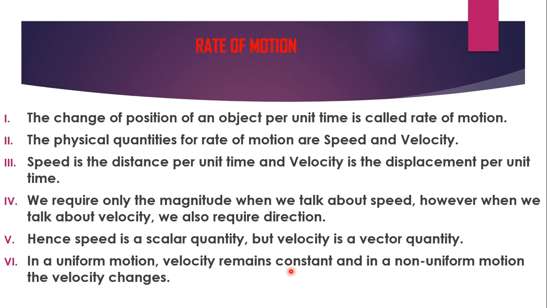Velocity is remaining constant. And in non-uniform motion, velocity changes every time. That is why we say in a uniform motion velocity remains constant, and in a non-uniform motion the velocity changes.